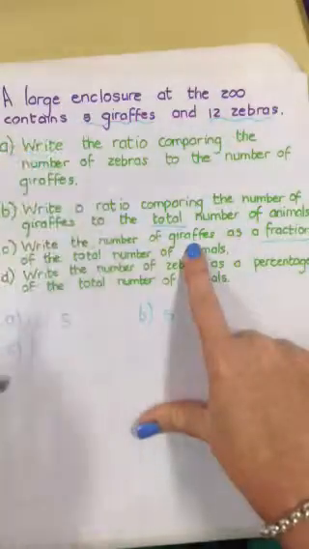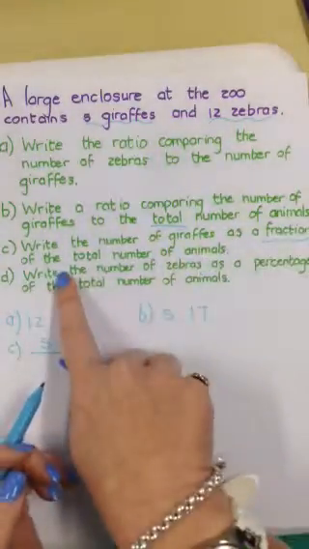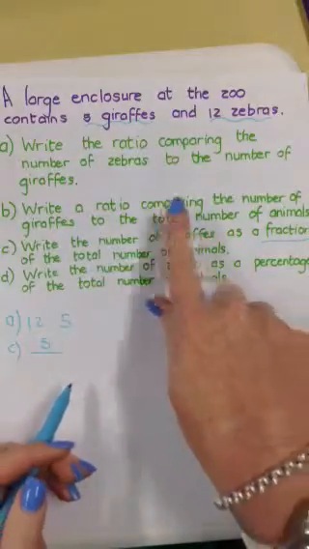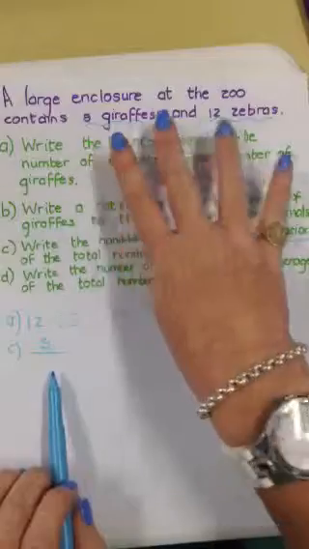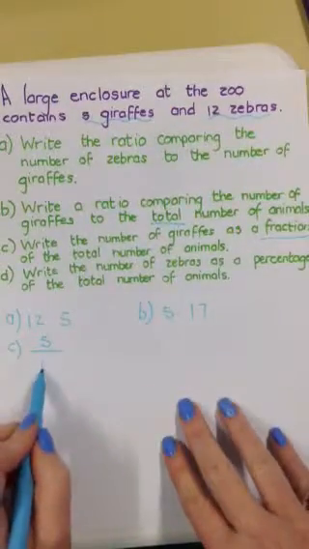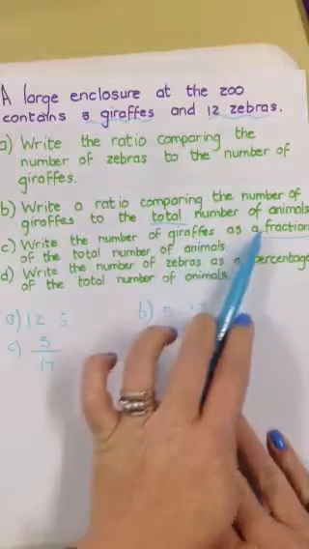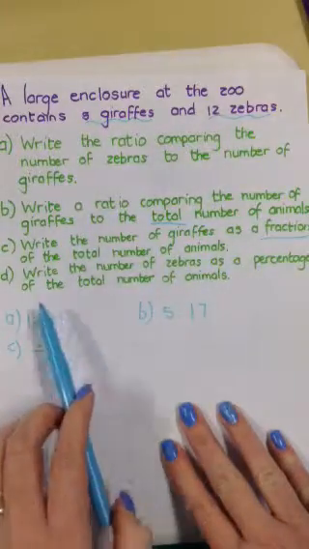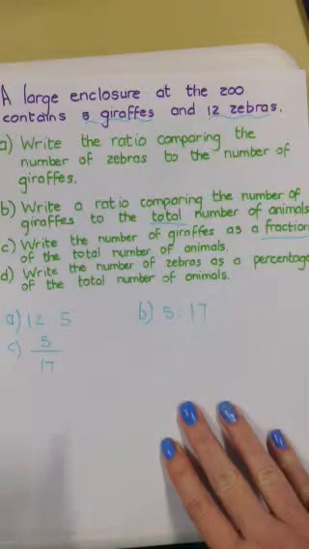How many giraffes have we got? 5. As a fraction of the total number of animals. So that becomes second, so I have to put that at the bottom. So giraffes and zebras are 17, so it's 5 over 17. So write the number of giraffes as a fraction, so giraffes at the top, of the total number of animals goes at the bottom. Okay?